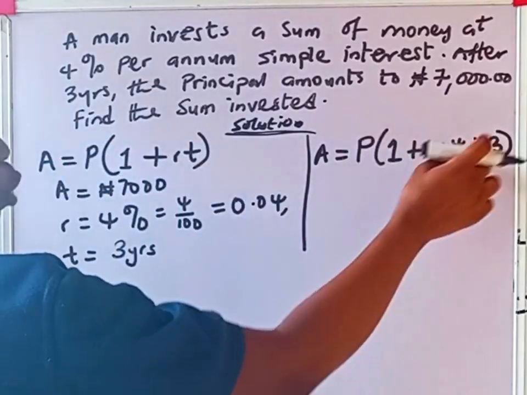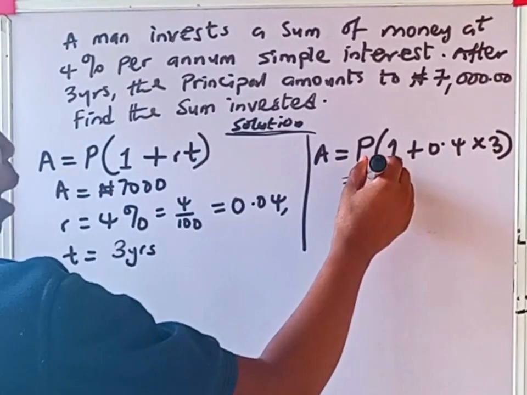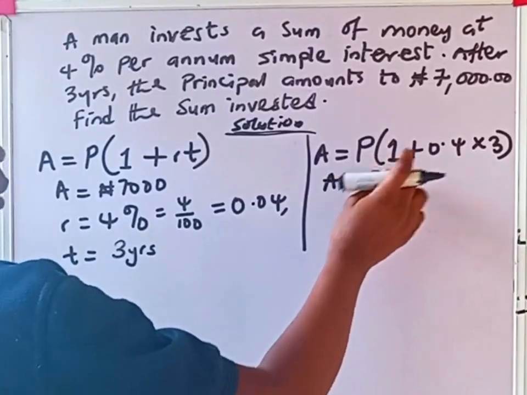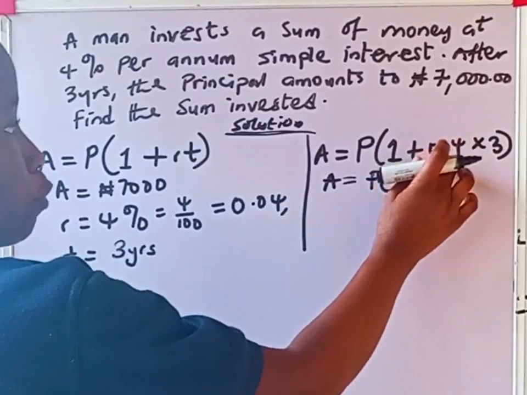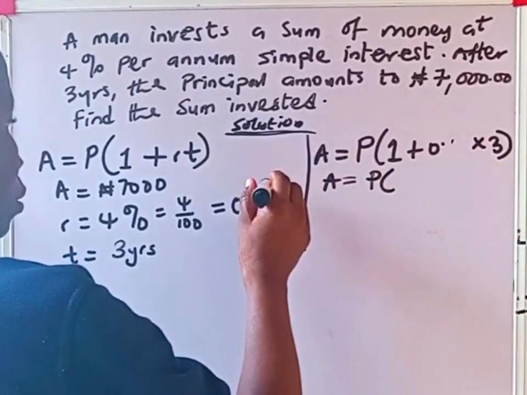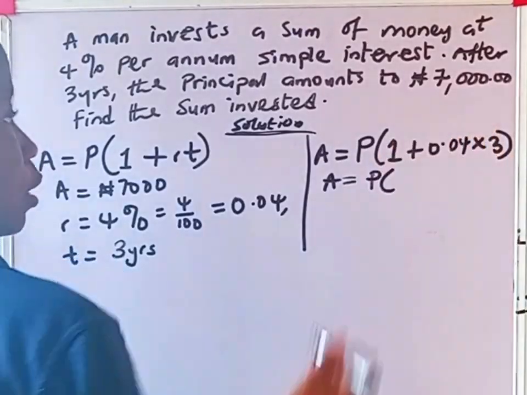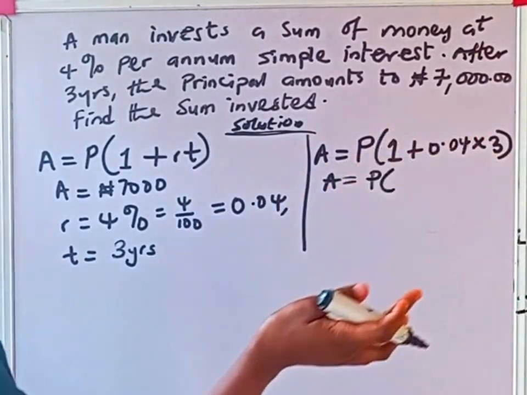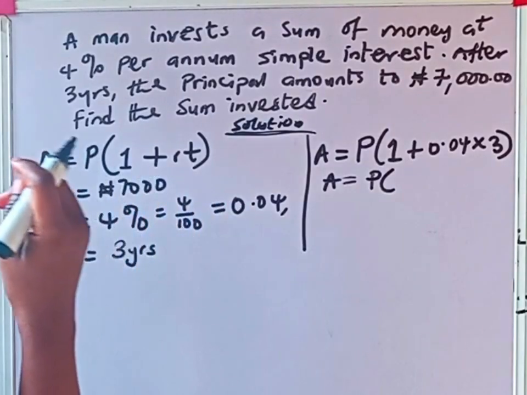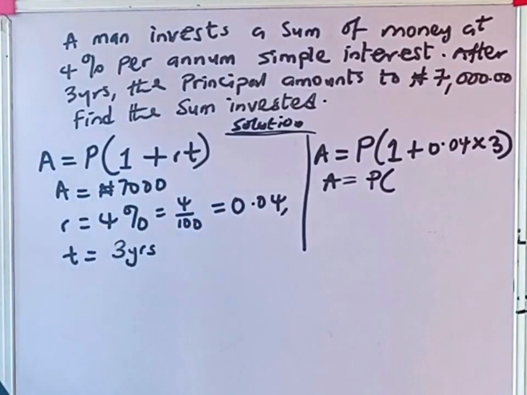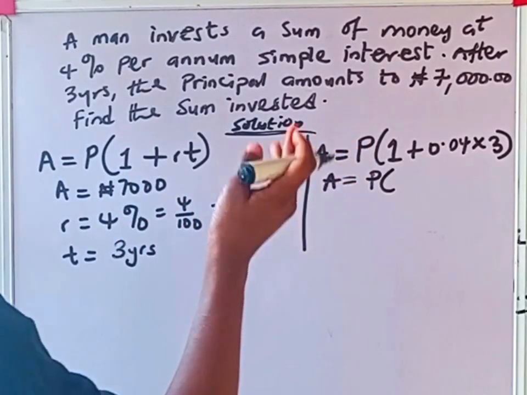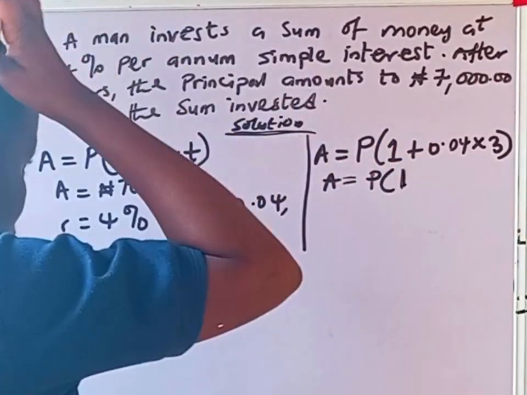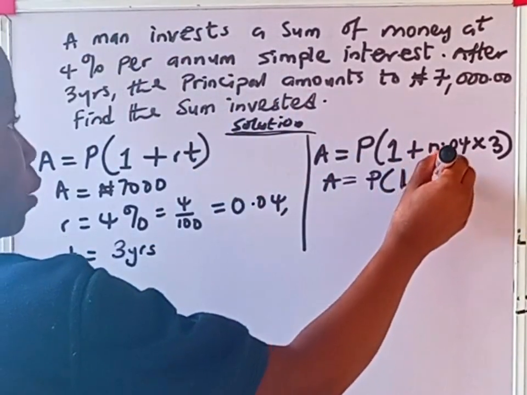Before that, let's finish what is inside here. So you are going to have P bracket 0.04. Remember we got our rate. So 0.04 times 3 is going to give us 0.12. 0.12 plus 1 will give us 1.12.